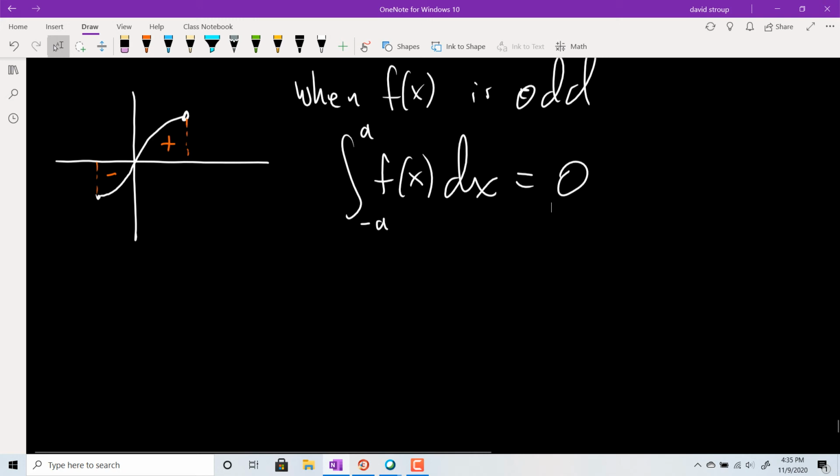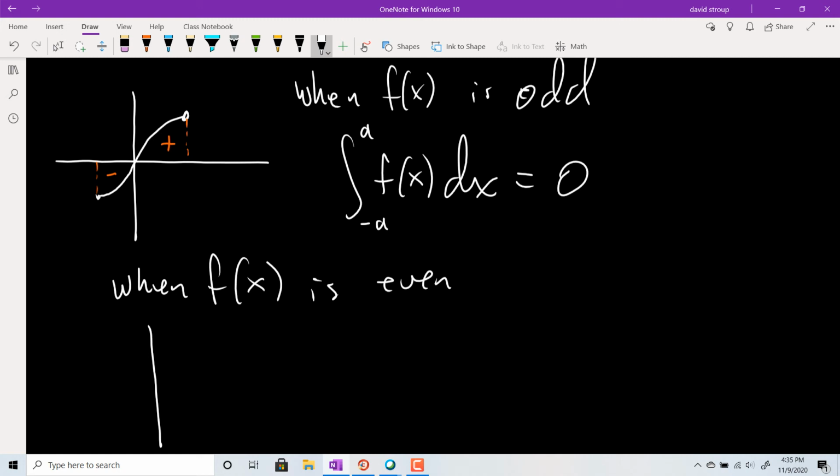Likewise, when f of x is even, you can split it into 2 separate pieces. So the picture this time, if you have an even function, it'll look the same on both sides. A good example is just the upper hemisphere of a circle.